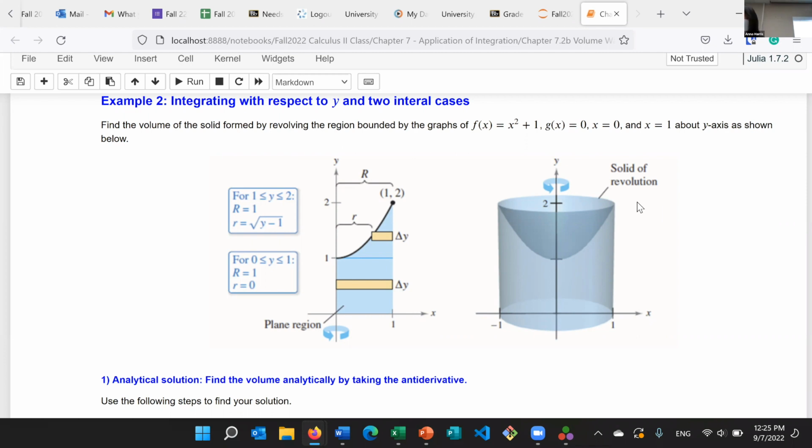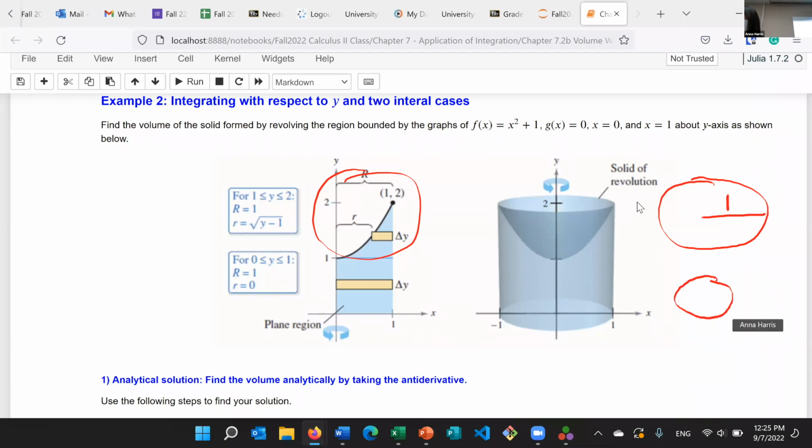So this picture right here, you can rewrite it as what? Big disk, which is 1. The radius is 1. What's your smaller disk? That'll be square root of y minus 1. Do you see that, class? Okay. Then if you know that, we can do this problem.